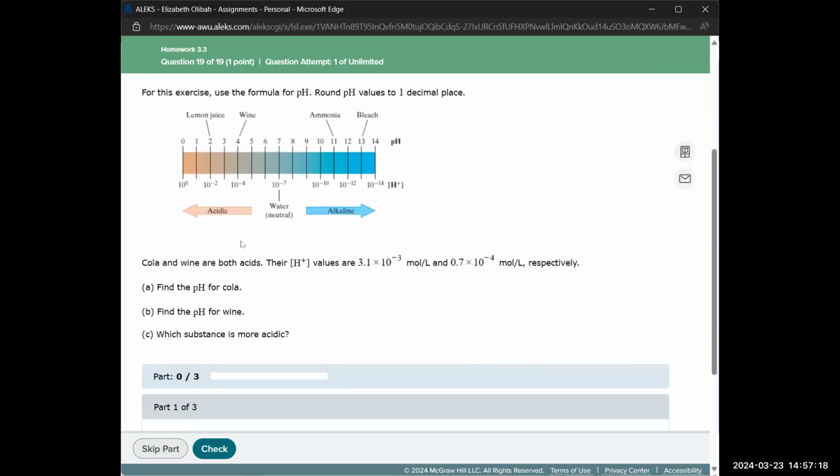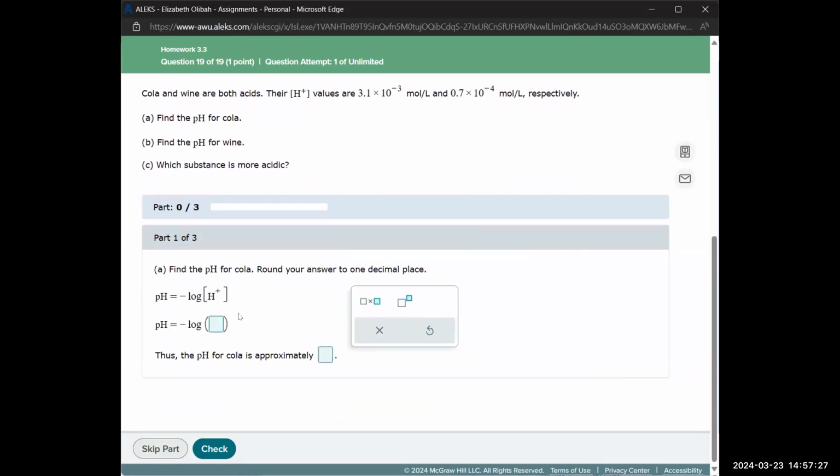And then at the end, it's just asking us to find the pH value for the cola and for the wine. And so all you really need to do is plug each one into this formula. So it's similar to the last one where there's a lot of writing, but not as much going on. So I'll show you kind of how to get started.